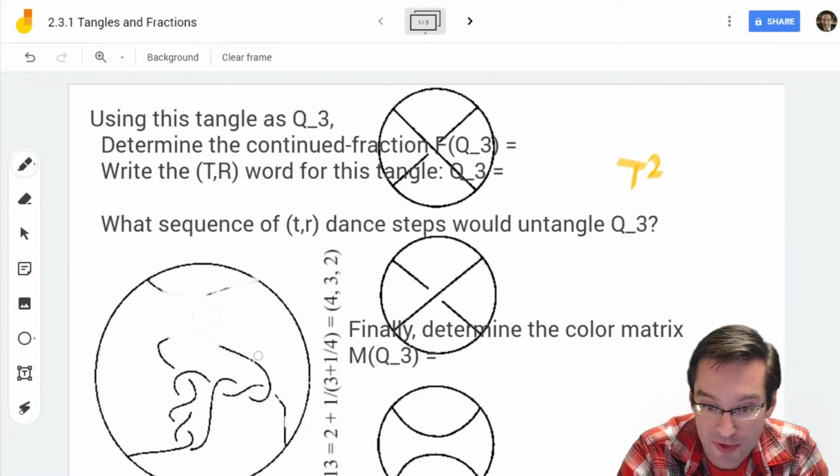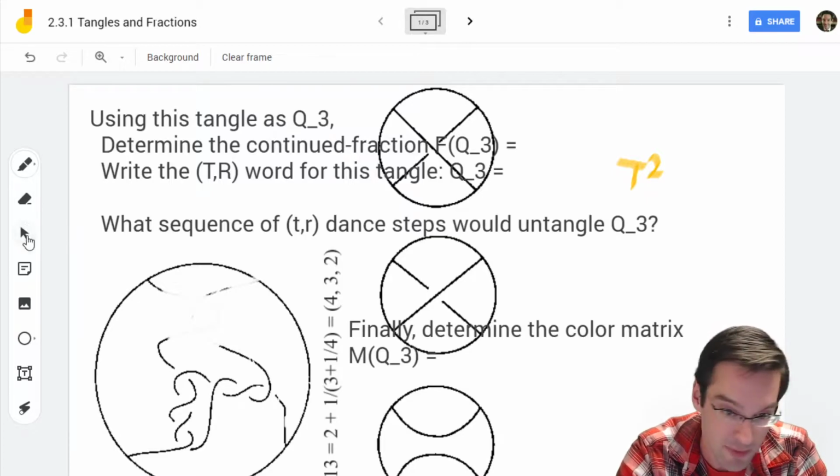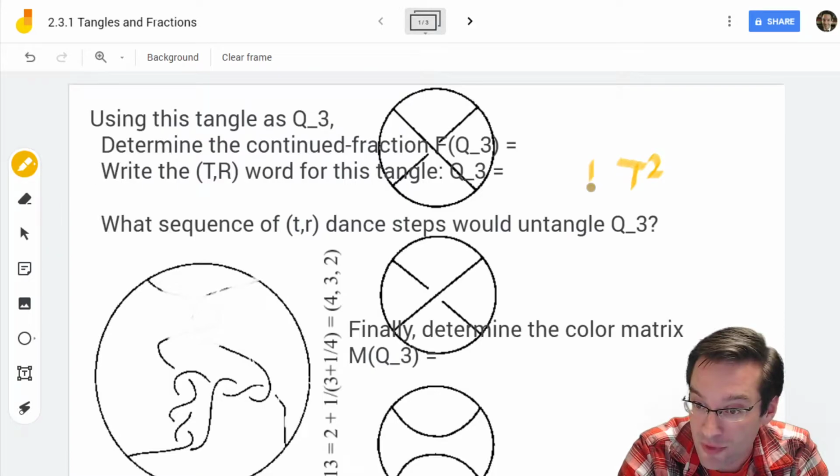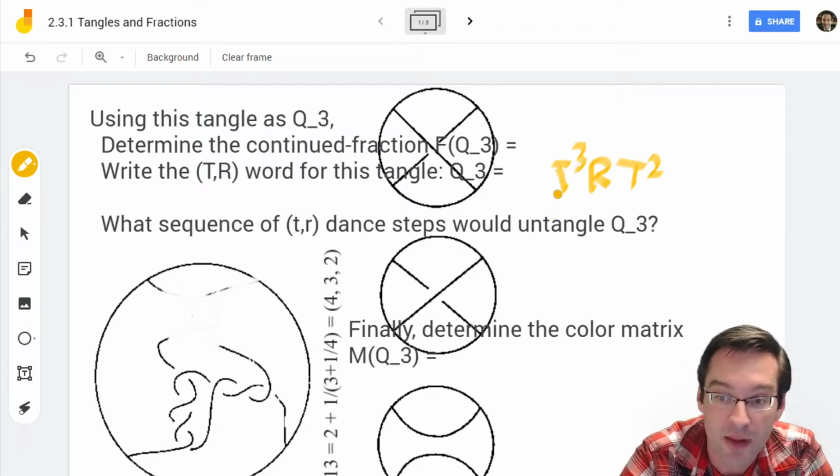Now we have the twists over on the right side of my diagram again. And I have a total of 3 of them. 1, 2, 3. It doesn't matter which way I read. If I read them from right to left, I'll have 3 of them. And then in between there was my rotation that got me from there to there. Okay.